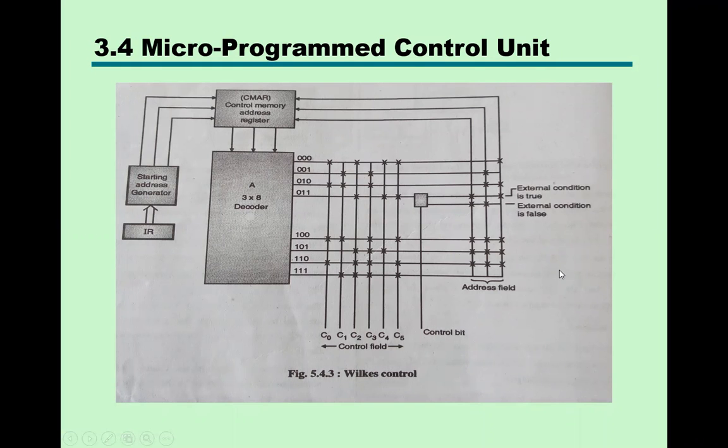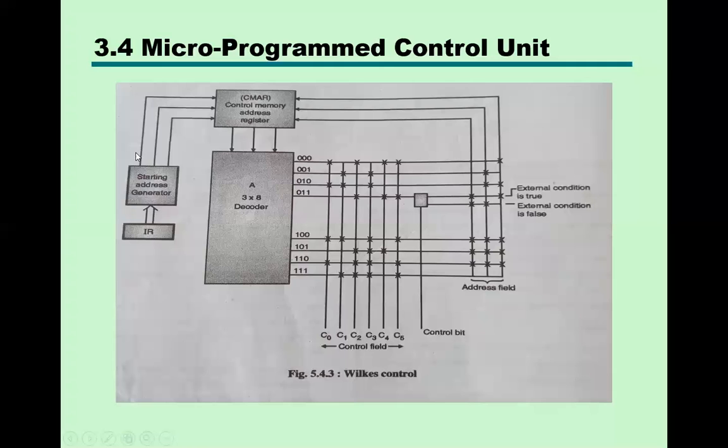So in Wilkes's control, the control memory is organized as a program logic array. As we have seen, in the control memory all the micro instructions are loaded. So the control memory address register can be loaded from an external source. How is this address loaded? It is loaded from the external source, that is the instruction register.